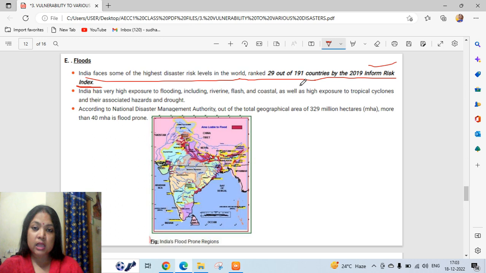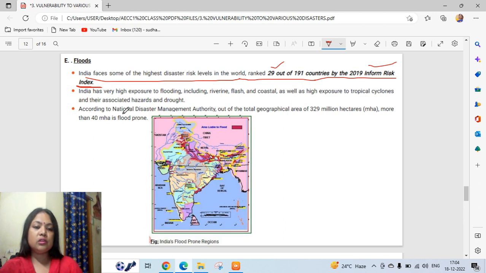And it is seen that out of 191 countries, our country, that is India, comes in the rank of 29. Okay, in that index. India has very high exposure to flooding, including riverine, flash and coastal, as well as high exposure to tropical cyclones and their associated hazards and drought.